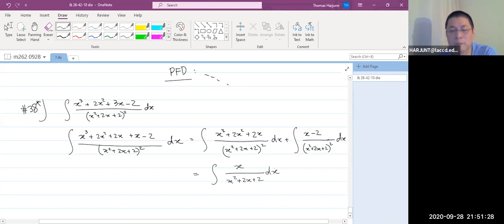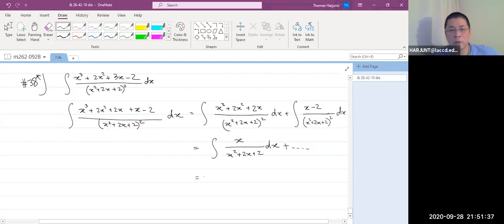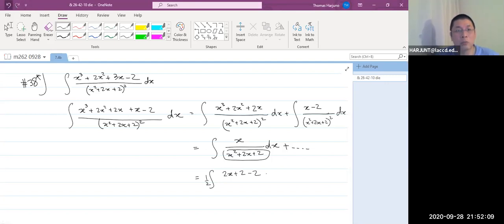You see that? Okay, plus something. And then this basically becomes, you can make it 1/2 of 2x plus 2 minus 2 maybe, because the derivative of the denominator is 2x plus 2. You see? So that's another way to manipulate that.